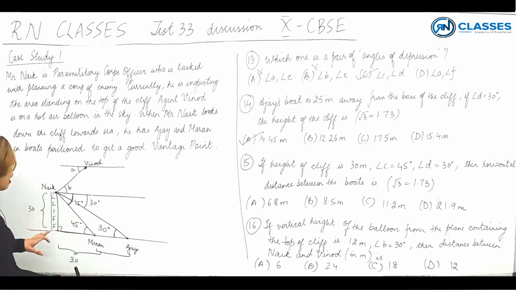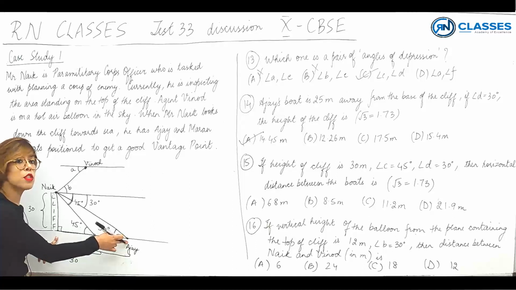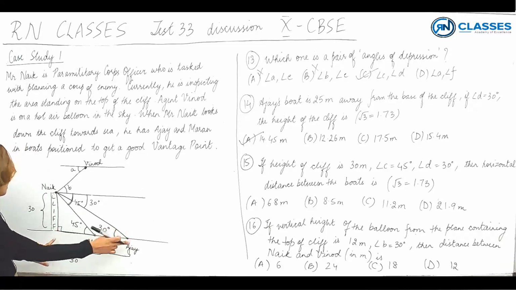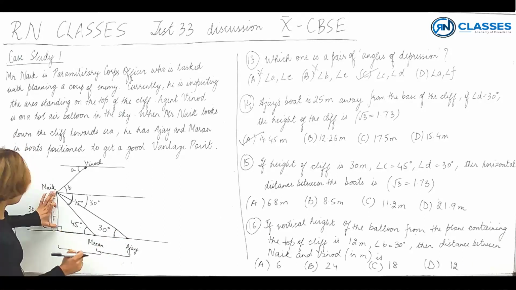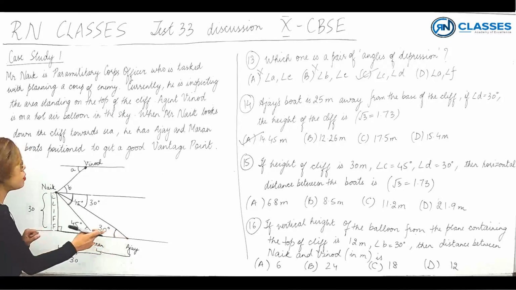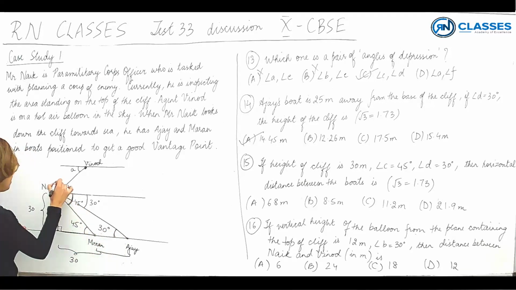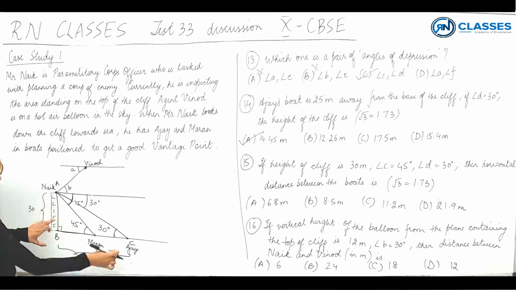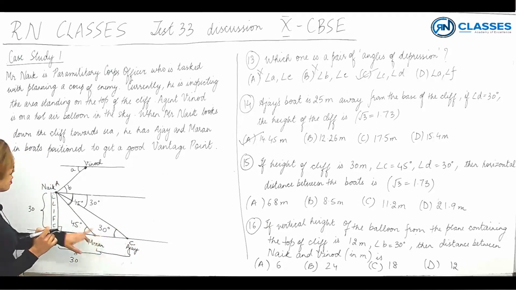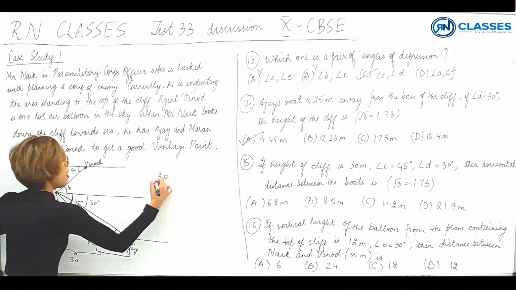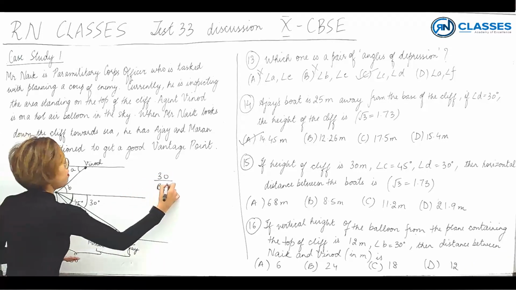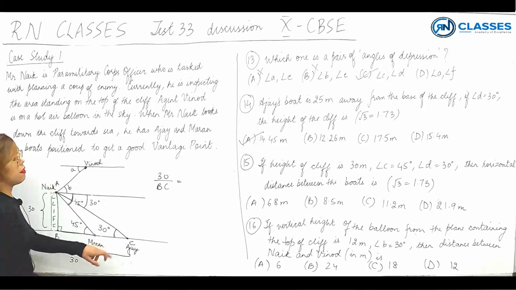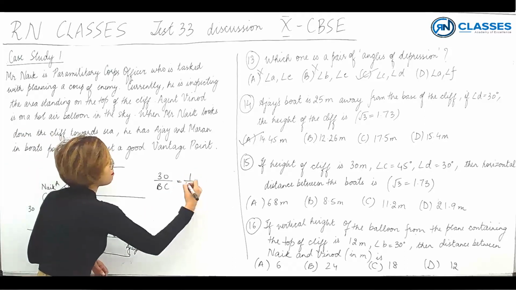Now, somehow I get to know this length. My problem will be solved. Now this length, as I can see, this is 90. This by the entire length is equal to tan 30 degrees. So let me name this A. This is B, C. So AB by BC is equal to tan 30 degrees. So AB is 30 over BC, which I want to find out, is equal to tan 30 degree, which is 1 by root 3. Right?